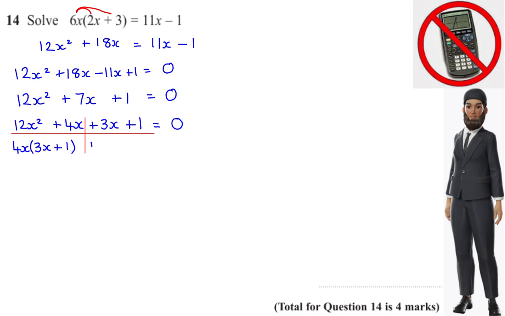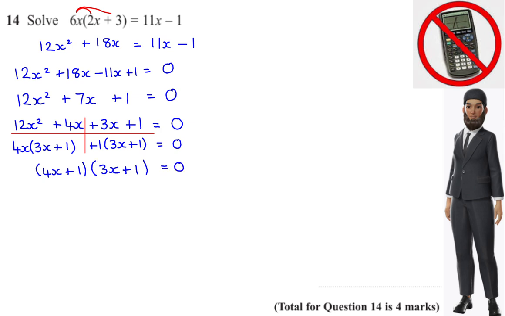We keep this sign, and there's nothing common other than 1, so that's going to work out to be 3x plus 1. Notice what's inside the brackets is exactly the same. It's both 3x plus 1, so we can continue with our factorization, and then you're going to end up getting 4x plus 1, multiplied with 3x plus 1, all of that equates to 0.